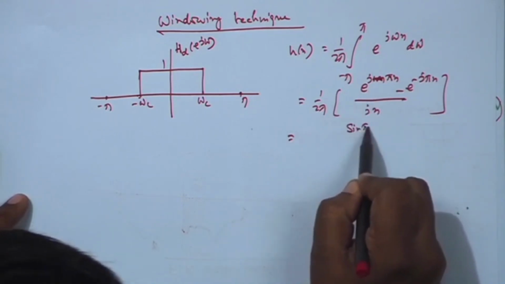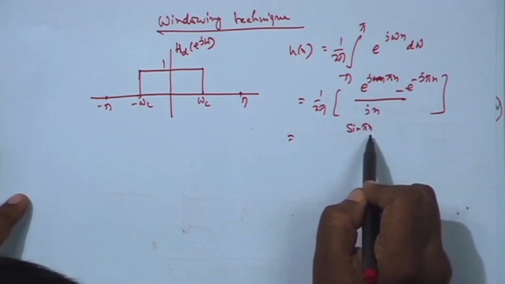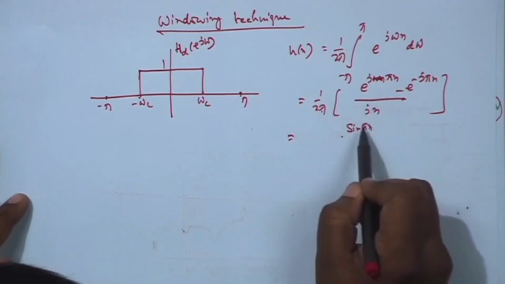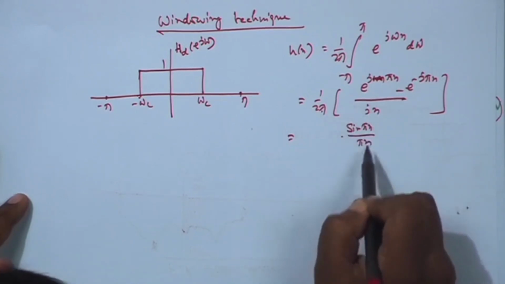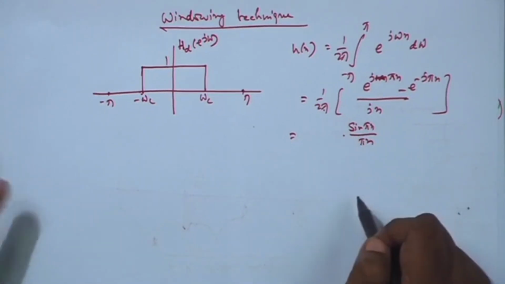So, sin pi n by n by pi n, pi is here, n is here. So, basically sin pi n by pi n. Okay. So, this is a sinc kind of function, sinc pi n.